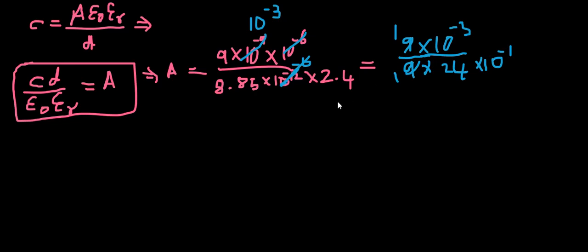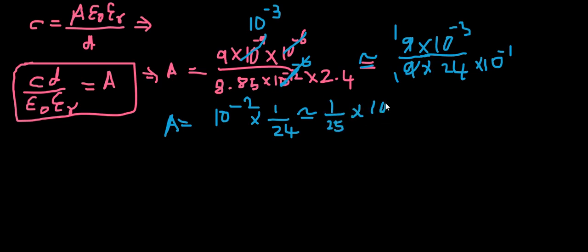So now A is equal to 10 power minus 2 into 1 by 24. Since here it is 24, we are doing the approximation here. Approximately it is going to be 1 by 25, that is 5 into 10 power minus 2.